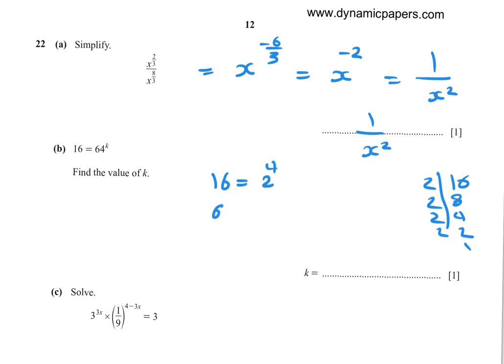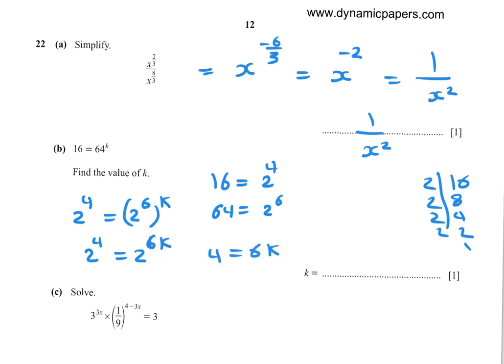The same with 64, it equals 2 power 6. So 2 power 4 equals 2 power 6, all power k, so 2 power 6k. Now base equal base, so power equal power. So 4 equals 6k, divide by 6, so k equals 4 over 6 or 2 over 3 in the simplest form.